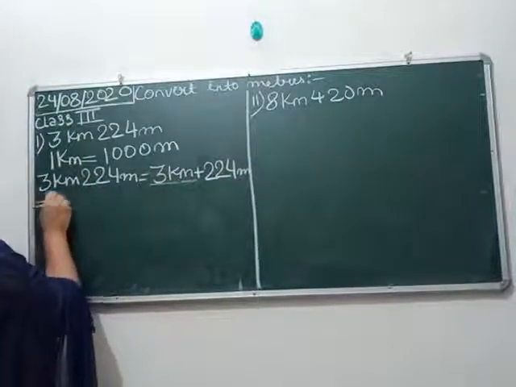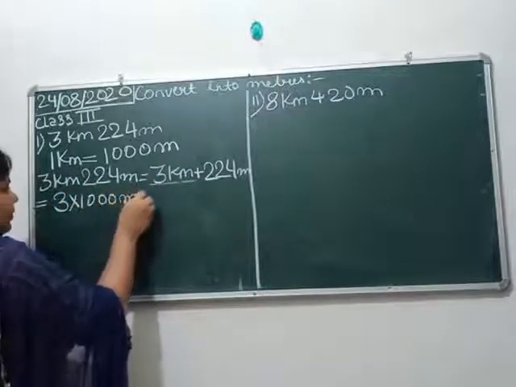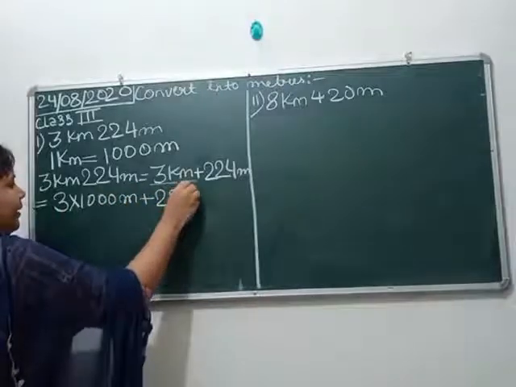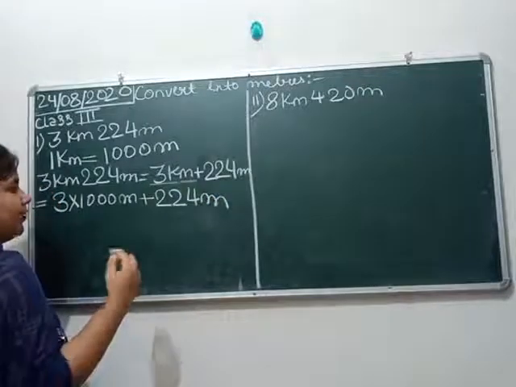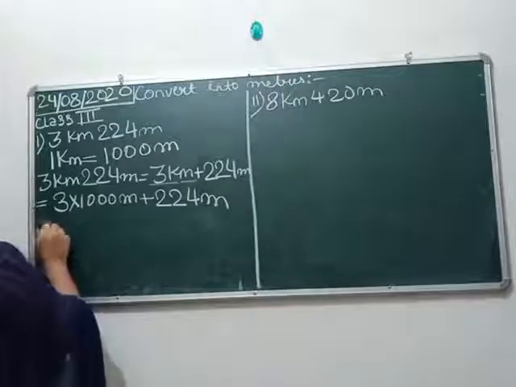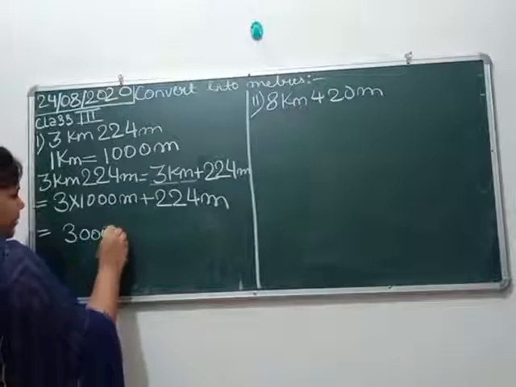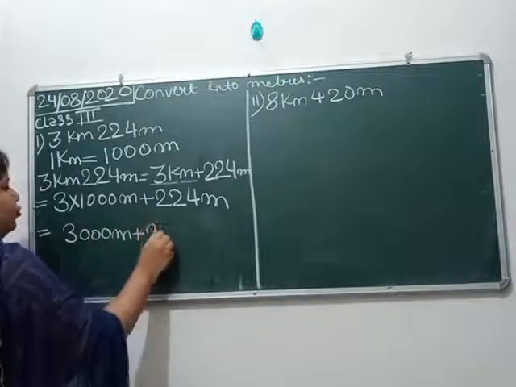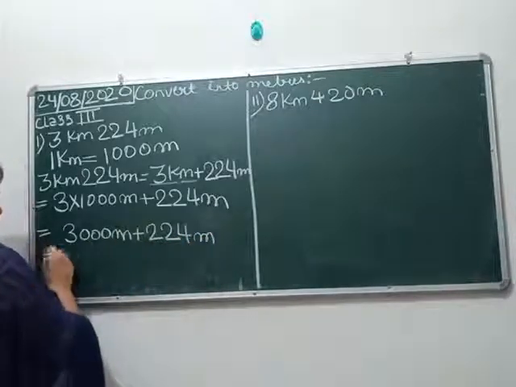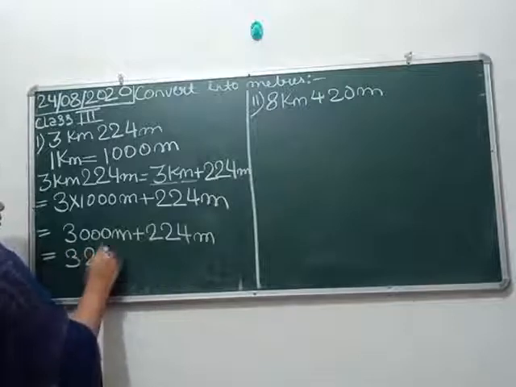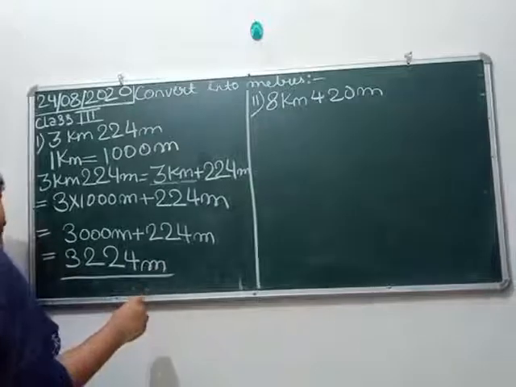See, 3 into 1000 meter plus 224 meter. Now this 3 will become 3000 meter plus 224 meter, and we will get 3224 meter.